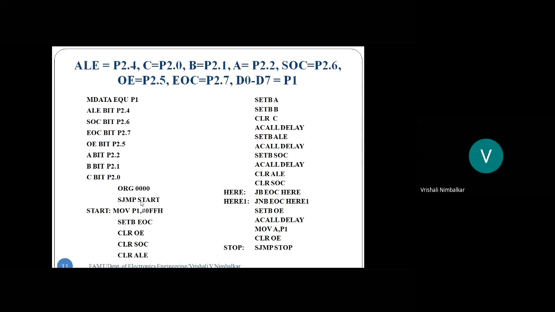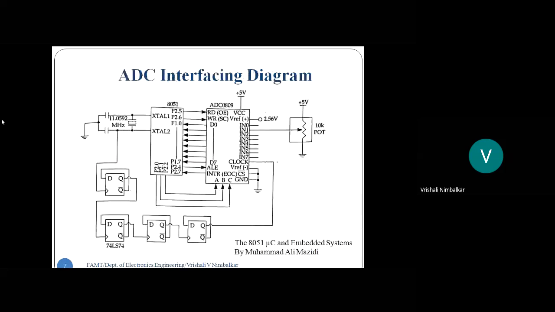Right? And then we start with the program, ORG 000, SJMP start. Now the first instruction, see here. On port 1, the digital data is received by the microcontroller, so port 1 acts as an input. The first thing to be done is input initialization. What are the input signals? If you look at the interfacing diagram, port 1 is acting as an input and end of conversion, P2.7, is acting as an input.